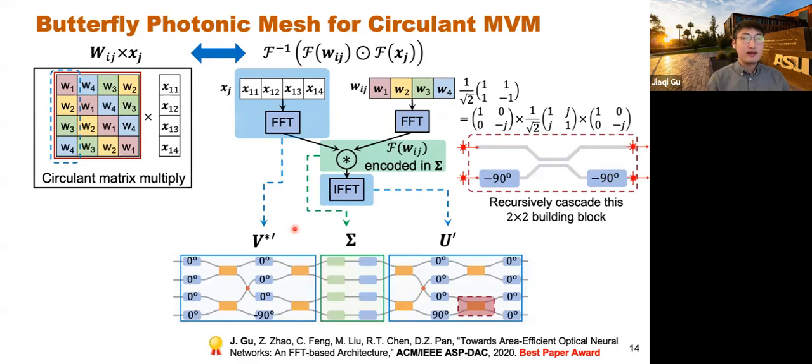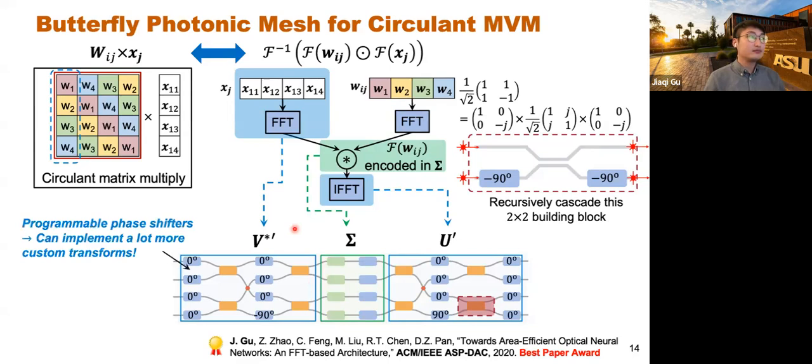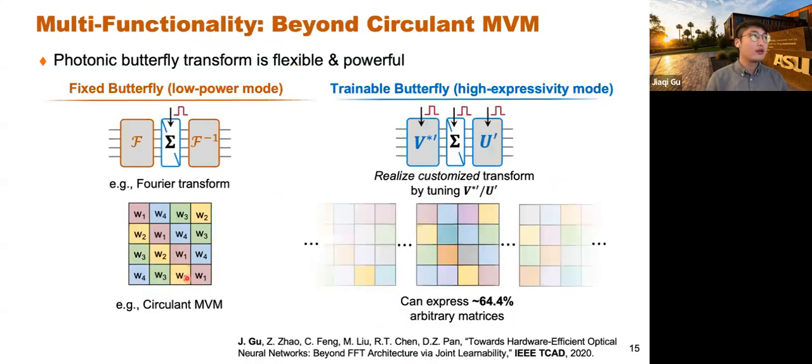So this U Sigma V can give you an optical version of those circulant matrix multiplications. And most importantly, those phase shifters are active devices. They are programmable. You can easily change those rotation angles to implement other transformations beyond the Fourier transform. So intrinsically, this programmable circuit is multifunctional beyond circulant matrix multiplication, even though it's inspired by circulant matrix multiplication.